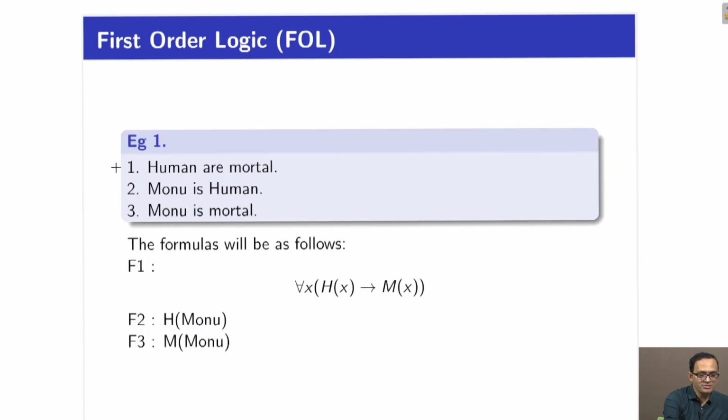Let us say I have now 3 statements. Previously I talked about the prime number example. Now let us say I have 3 statements: humans are mortal, Monu is human, and Monu is mortal. Again I have to prove whether F1 and F2 and F3 is satisfiable.